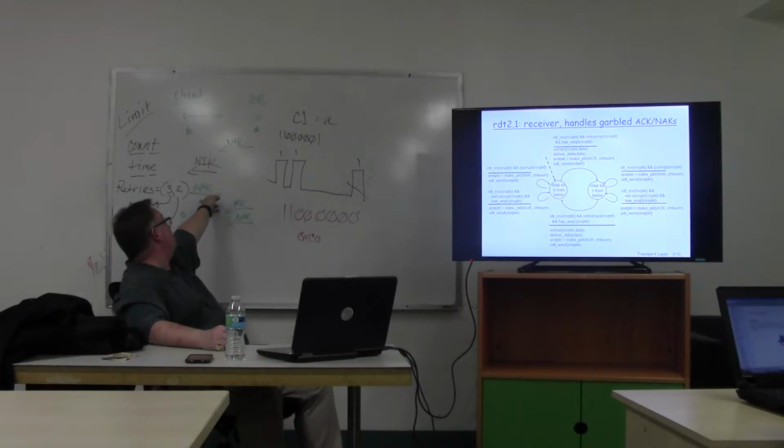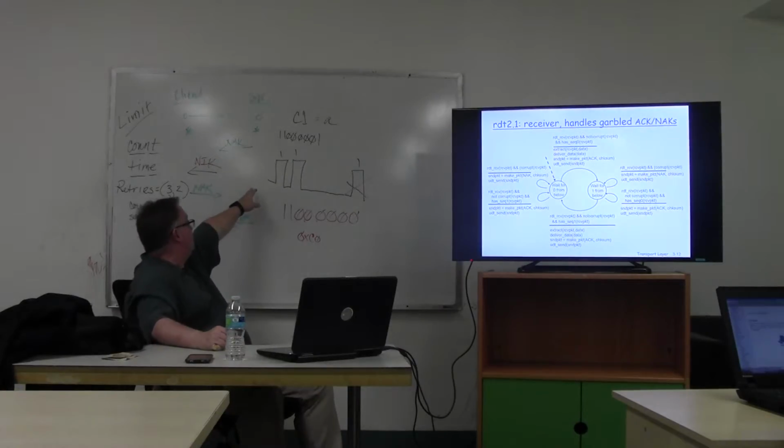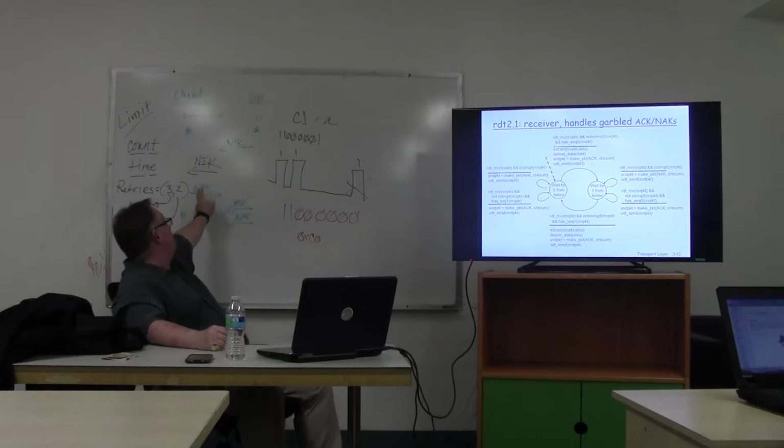Now, with the sequence number included in this packet, I can say up here, oh, that's an acknowledgement that the packet was received, but it was bad. So here, I have to acknowledge by architecture that I received this packet.